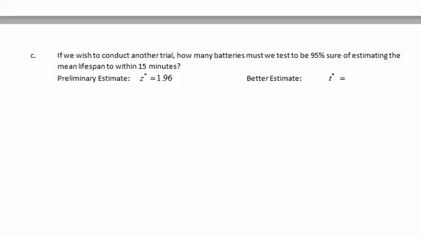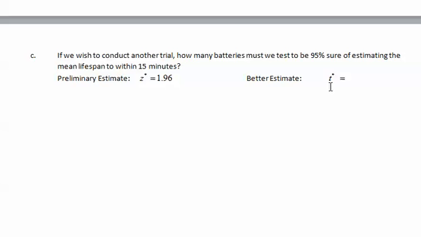Okay, and then the last step is to figure out if you wanted to do another trial but you wanted to be 95% confident between plus or minus 15 minutes, how big a sample would we need? Well, we've done this in the prior unit.